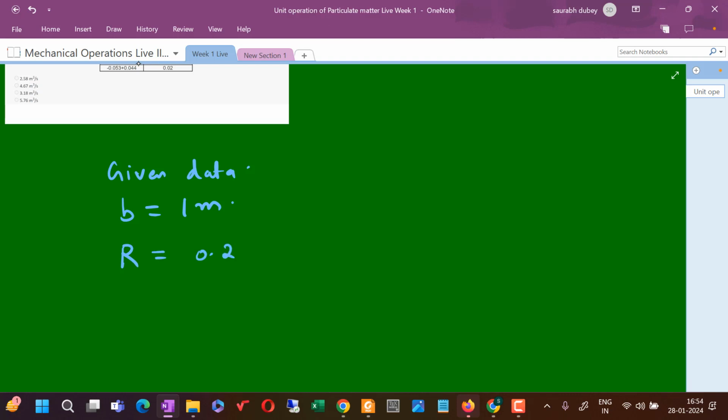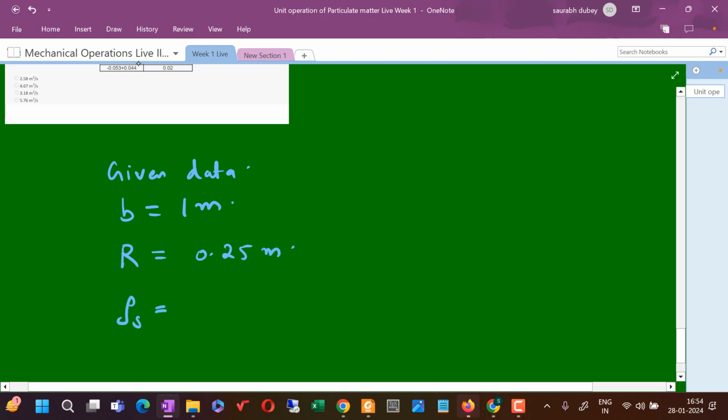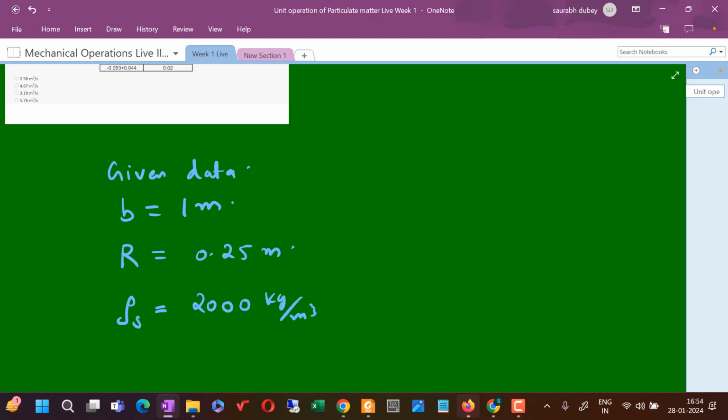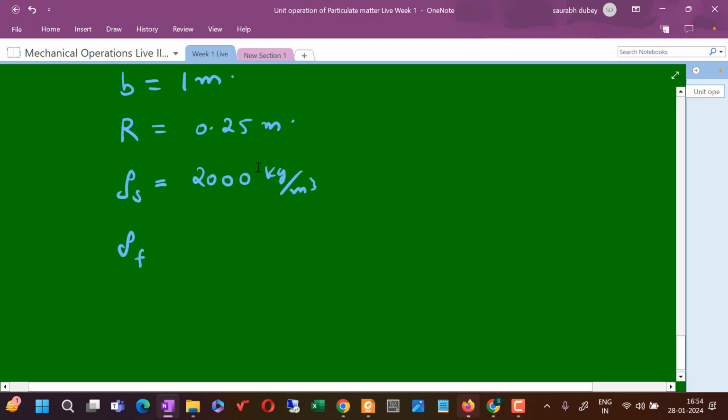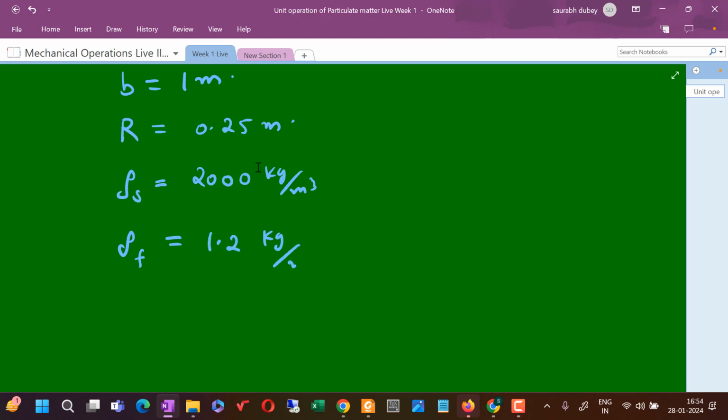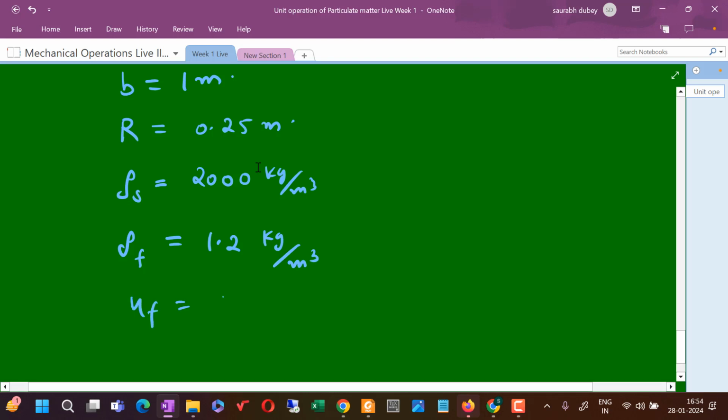You are given the density of the solid as 2000 kg per meter cube, the density of the fluid as 1.2 kg per meter cube, and the viscosity of the fluid as 0.0032 kg per meter second.